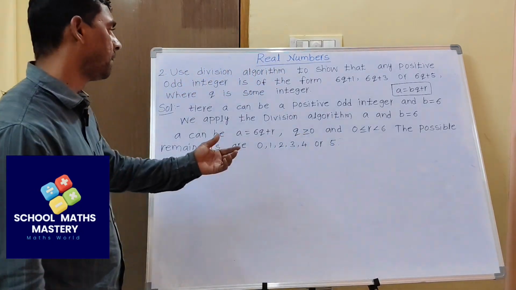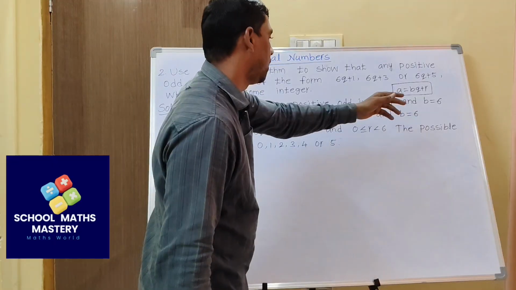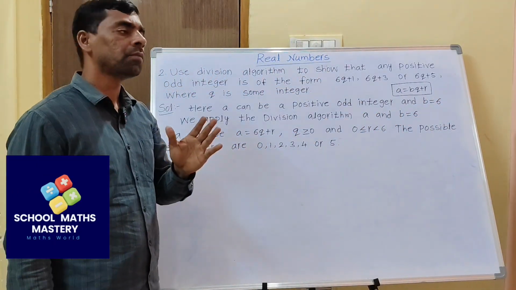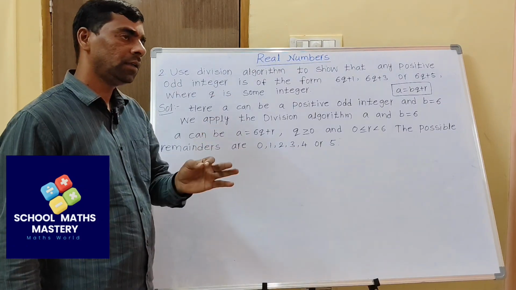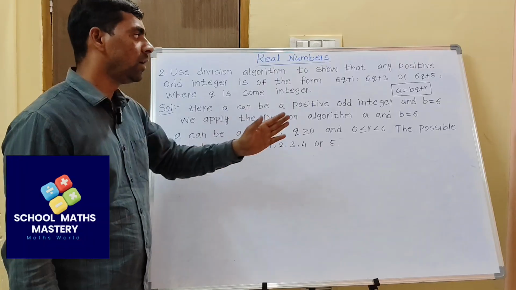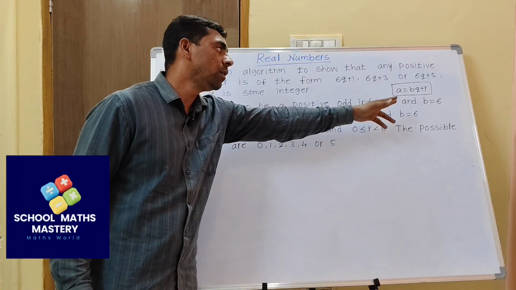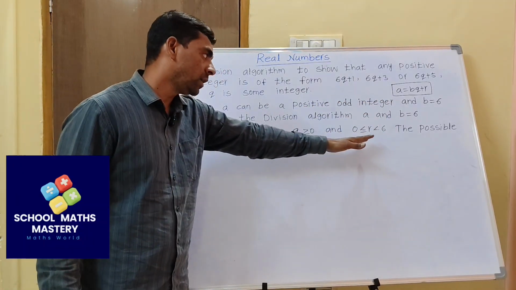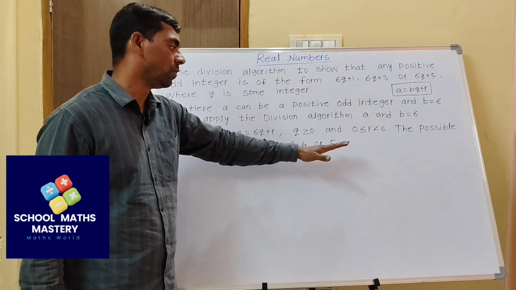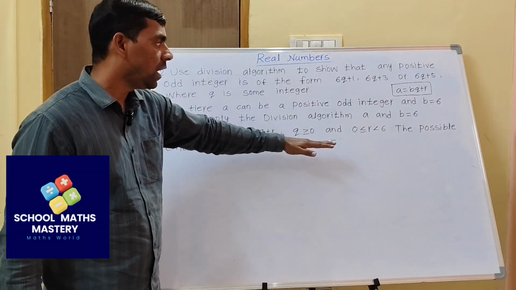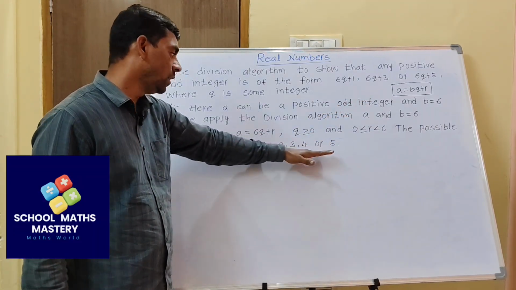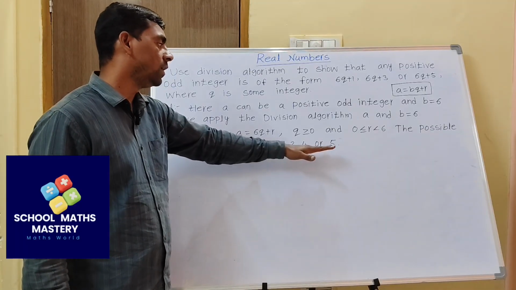Look here, a equal bq plus r, b equal 6. Remember, always remainder is less than b. Remainder is less than divisor. Here divisor is b, b equal 6. So the possible remainders are 0, 1, 2, 3, 4 or 5. These are less than 6, and 6 is greater than these numbers.